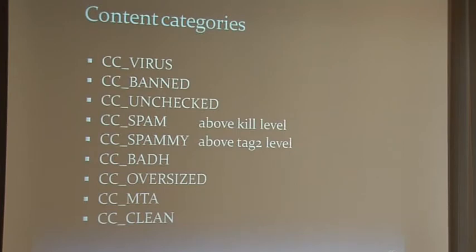So instead of adding new variables for each type, like spam lovers, virus lovers, banned lovers, oversized mail lovers, and so on, it left whatever was there from the old times for compatibility, but introduced a more general concept, which is content category. These are just names, actually names of plain integers. This is 9, 8, 7, 6, and so on.